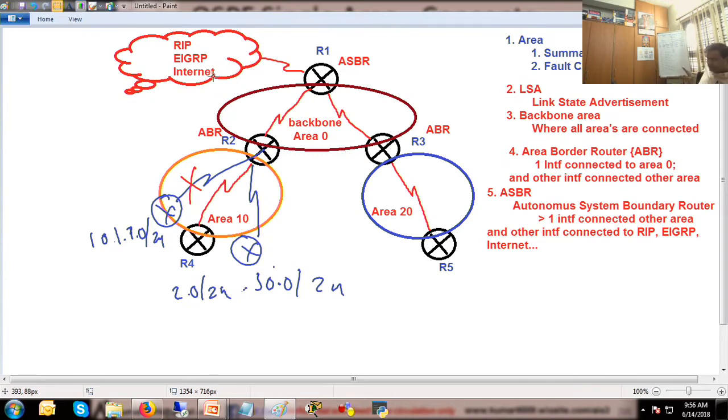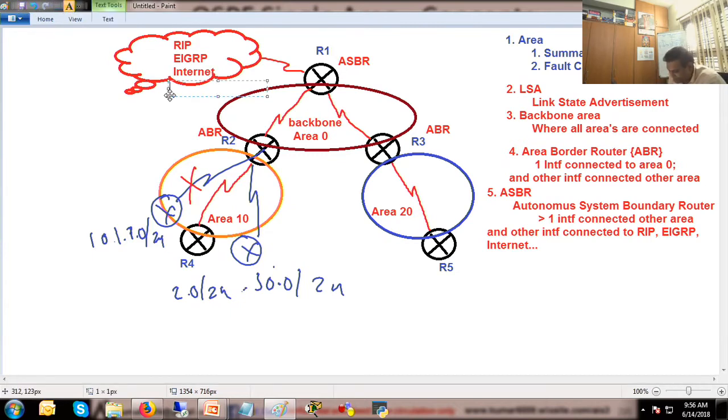Intranet means within your company; extranet means two different companies. For that also you need a service provider. So the service provider is again outside of your OSPF. You are not connecting with another OSPF.